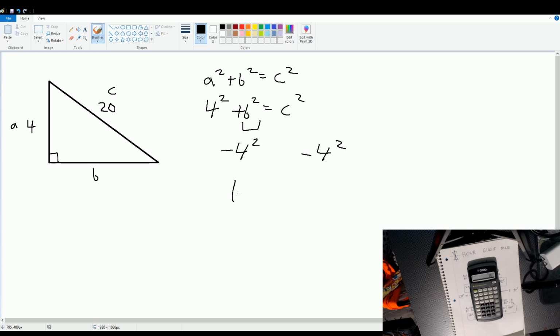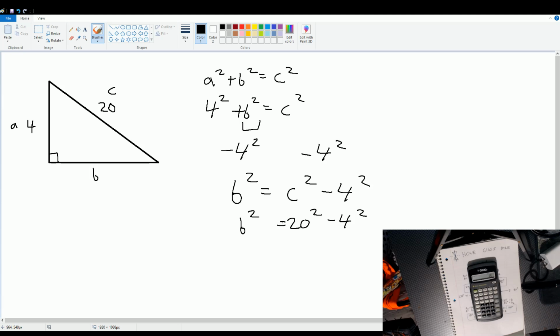So b squared will be equal to c squared minus 4 squared. And here's the quick thing. We know our value for c, so let's just put it in. 20 squared minus 4 squared is equal to b squared.